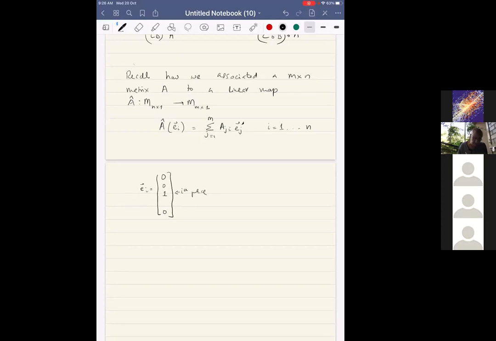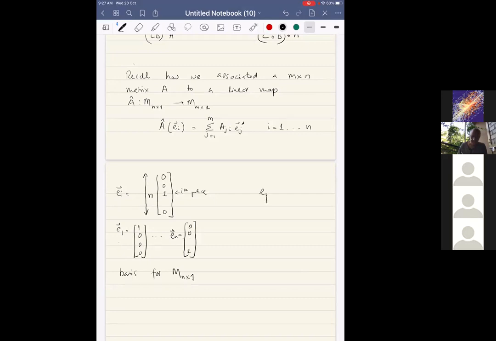E_1 is 1, 0, 0, and E_n is 0, 0, 1. So there are n of these vectors which give a basis for n cross 1 column vectors.